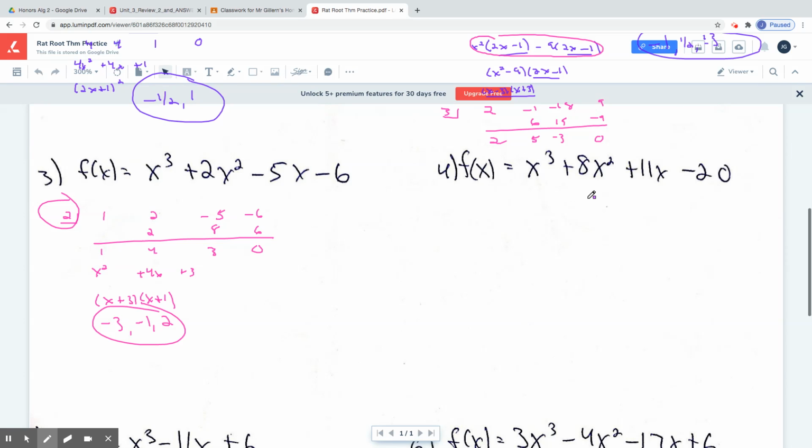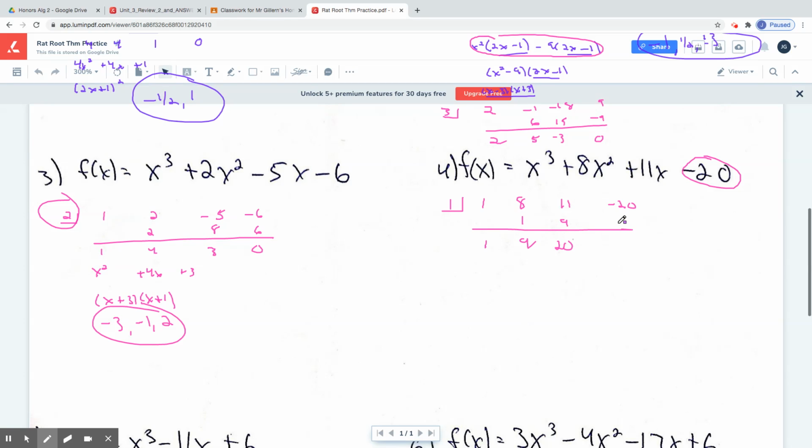All right. For this one, the leading coefficient is 1 again, so it's just all the whole number possibilities of 20. So 1, 2, 4, 5, 10, and 20. And for this one, like I said, I would always start off with 1. 1, 8, 11, negative 20. 1 times 1 is 1. That's 9. 9 times 1 is 9.